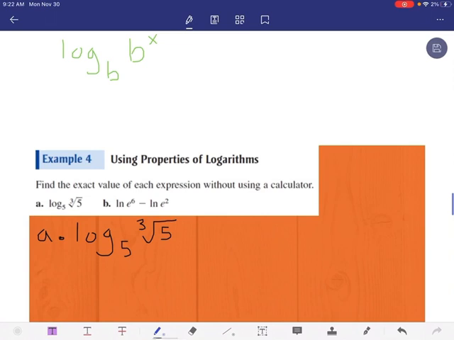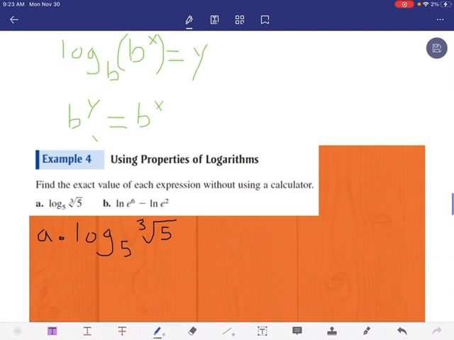Now, notice if I wanted to evaluate this, let's say we set this equal to y or some other exponent. So in order to evaluate this, we would say, okay, my base is b, logarithms equal exponents, so y would be my exponent, and then that's going to equal whatever's on the inside of my logarithm.